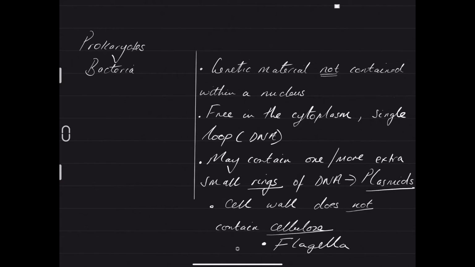Now, what we're going to move on to, I'm going to show you a diagram where you can see the eukaryotic cell and the prokaryotic cell side by side. Now, I want you to pause the video at that point, and just look at the distinguishing features of a typical eukaryotic cell and a typical prokaryotic cell.